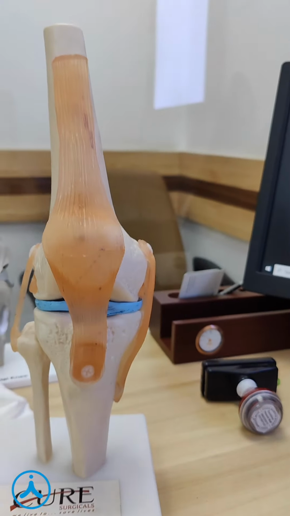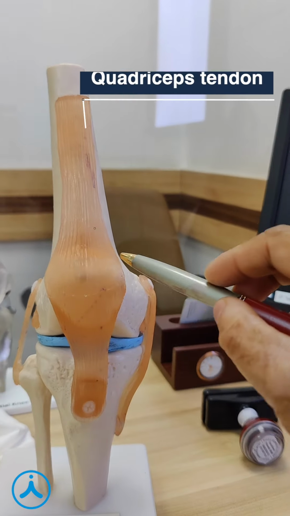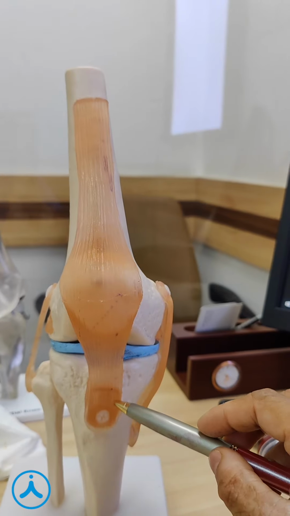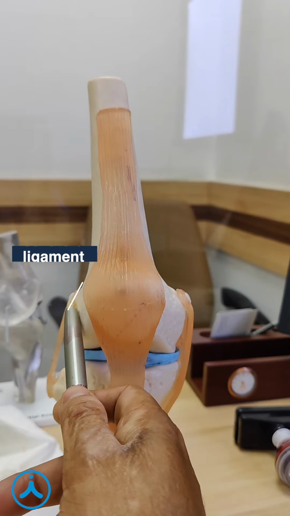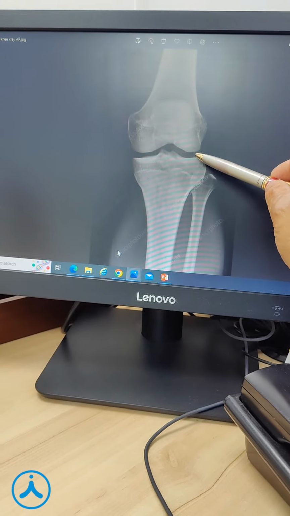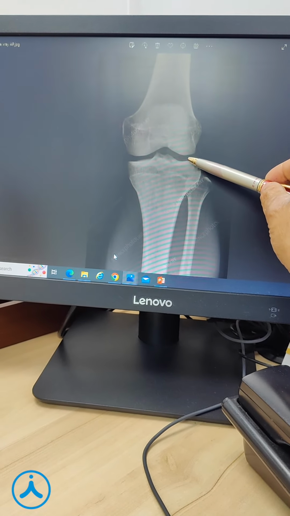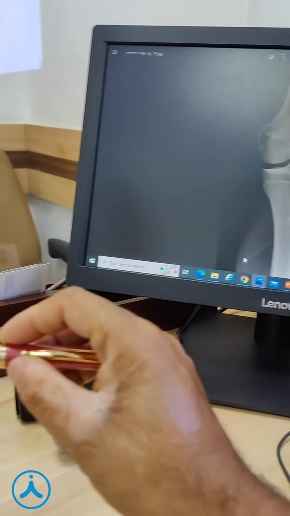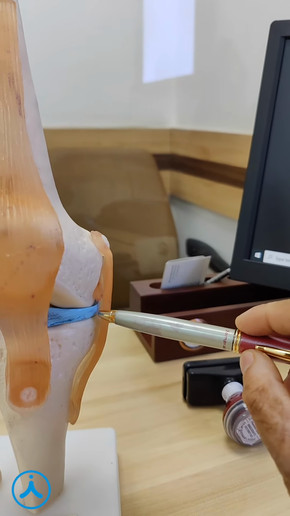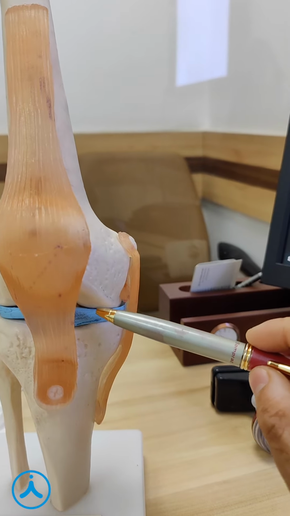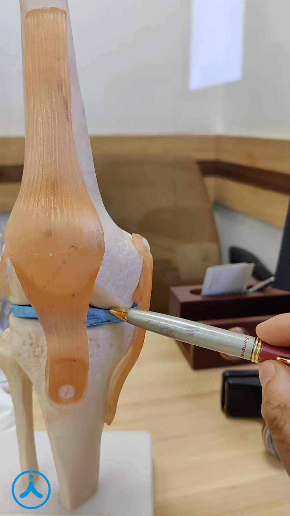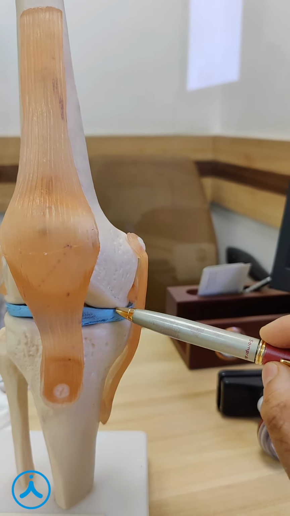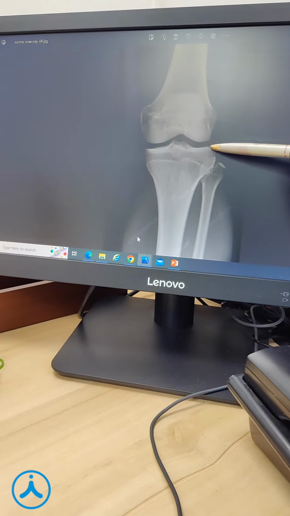Now if you look at this knee model, in the AP view you can see the patella, the quadriceps tendon, the patellar tendon, the fibula, the tibia, the medial collateral ligament, and the lateral collateral ligament. Now if you compare this with the X-ray, here you can see the gap between the tibia and femur. This space is occupied by two things. This blue structure is the meniscus, and the other is the cartilage of the distal femur. So cartilage and meniscus create the gap between these two bones.